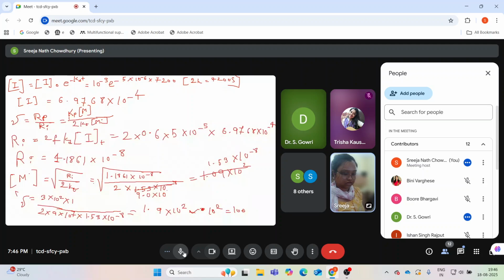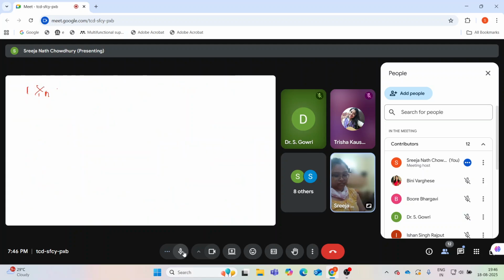Xn will be 2 nu, which equals 2 into 1.09 into 10 square, which is 219, and Mn will be 219 into 104, which is 2.27 into 10 to the power 4.